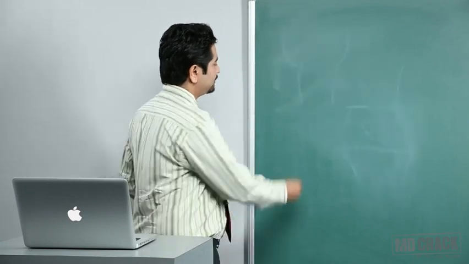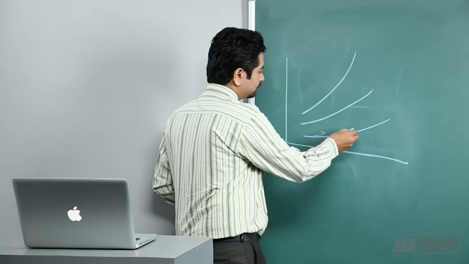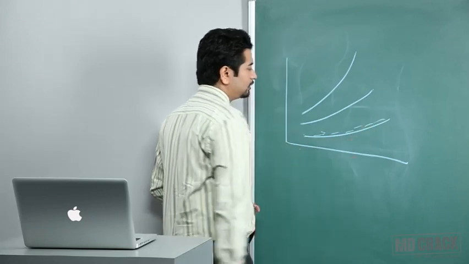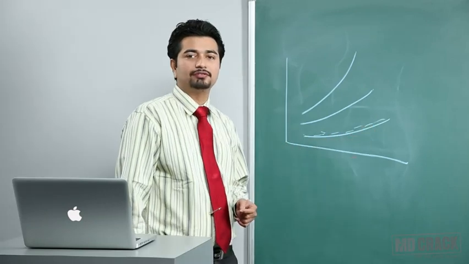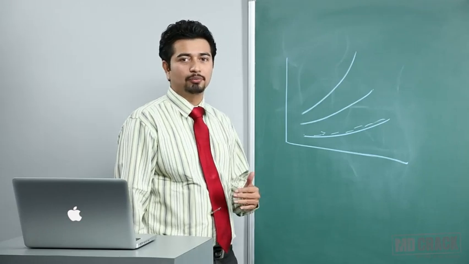As you can see on the slides before you, this is a crude diagram of what is being shown. If a child has blood pressure which is low, in all likelihood he would carry on in this low trajectory, and when he is an adult, he is most likely to have a normal blood pressure or a blood pressure which is even below normal.